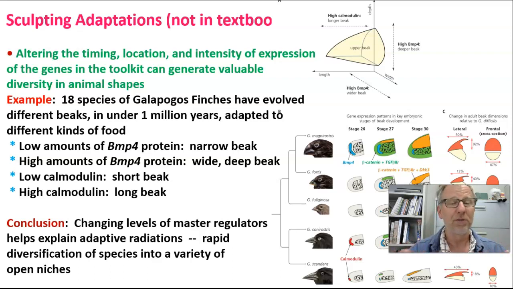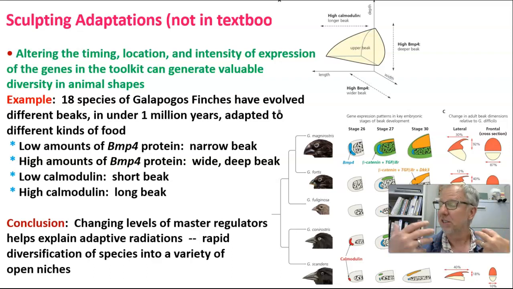So the Galapagos finches are, of course, an excellent example of a local, regional adaptive radiation that occurred not that long ago. And so the primary idea here at the top of your slide, altering the timing, the location, and the intensity of expression of genes in our genetic toolkit can generate different shapes, different adaptations.